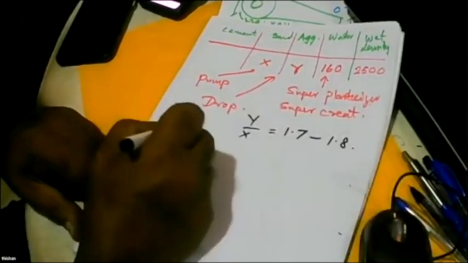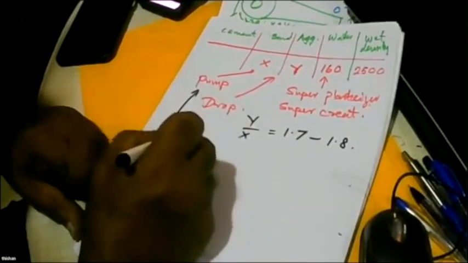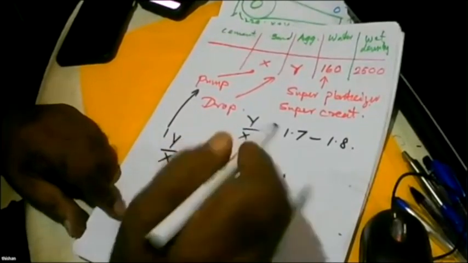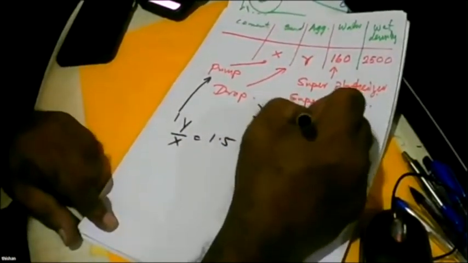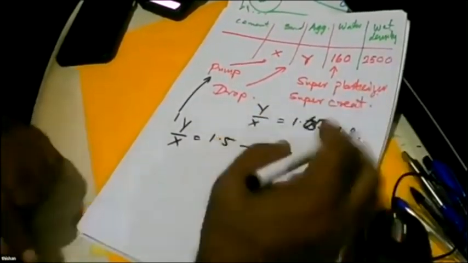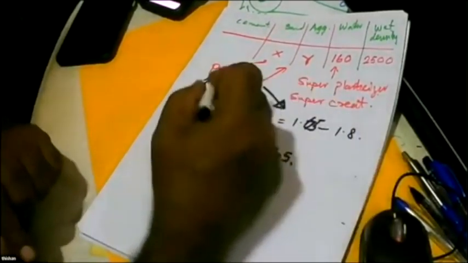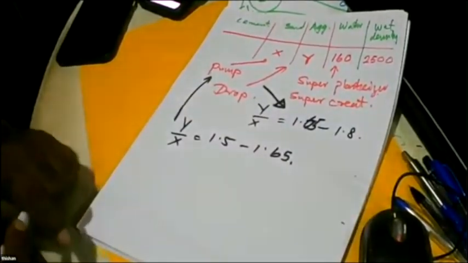If I am pumping, Y over X is 1.5 to 1.65. I'll say 1.65 to 1.8 is dropping. 1.5 to 1.65 is pumping.